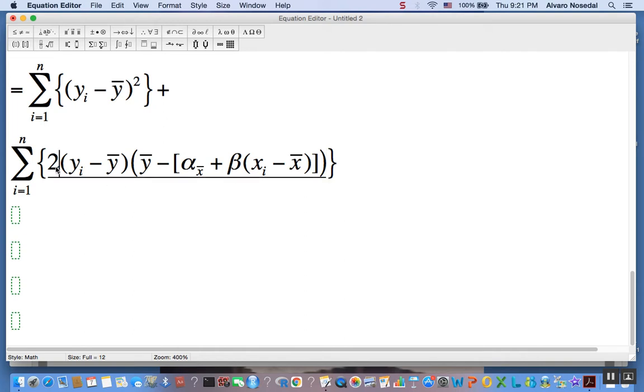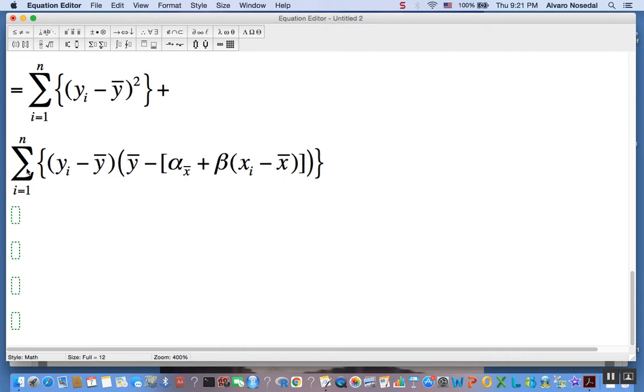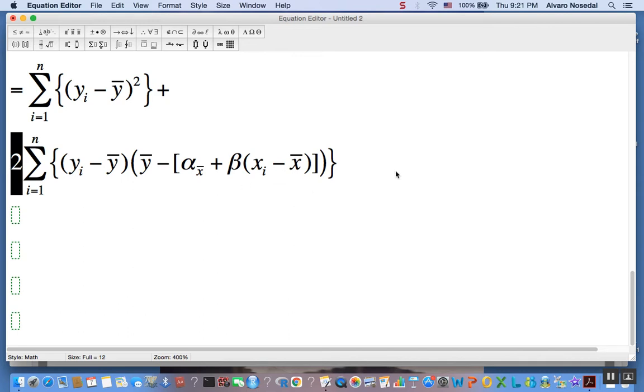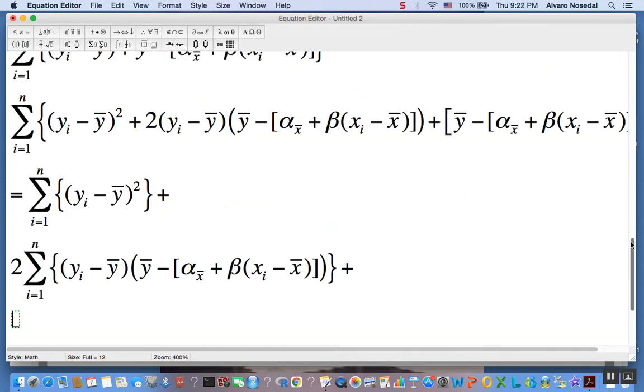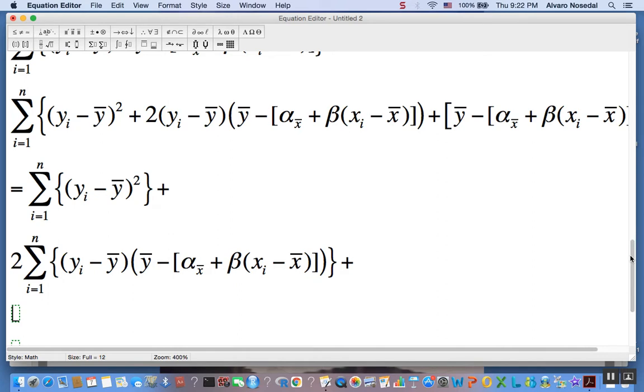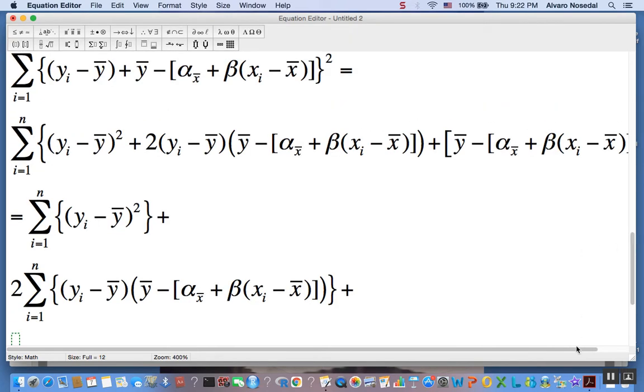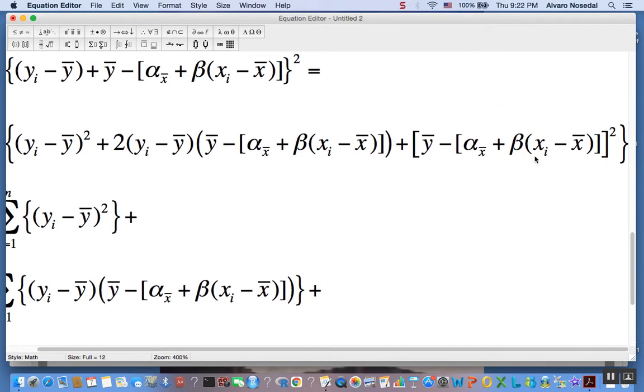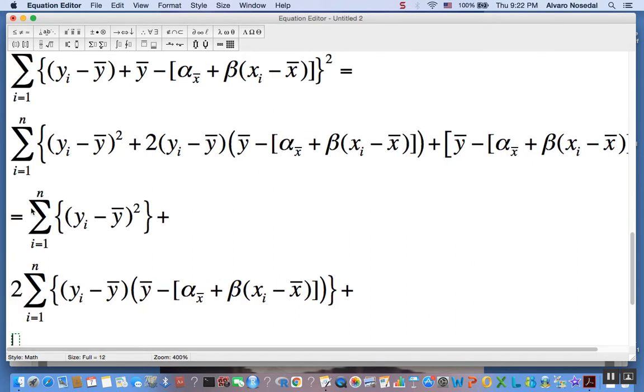This one here we can pull out. Okay, so next one, the last one, it's going to be the sum of that squared. Okay, so here we go. Last one.